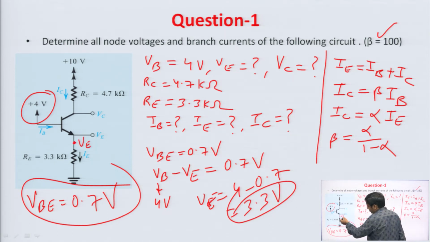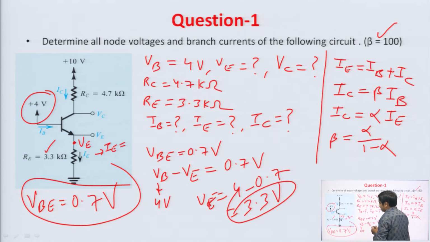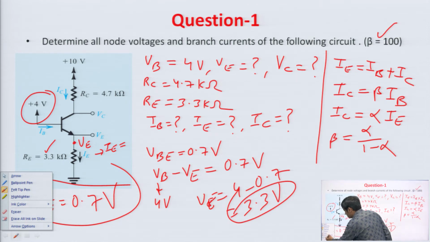Now, we can find out the emitter current, the current flowing through the 3.3 kilo ohm resistor. It will be the voltage difference across this 3.3 kilo ohm resistor upon the value of the resistance. So, what will be the value of the emitter current IE? Up to here I hope it is clear, we have got this emitter voltage. Now, just let me erase all things.